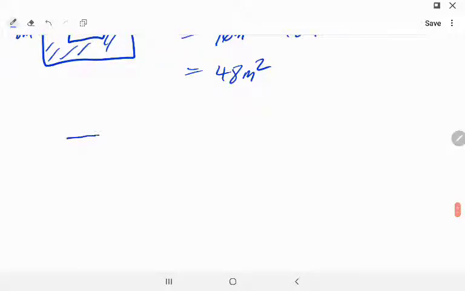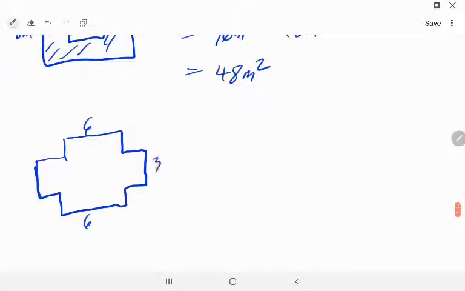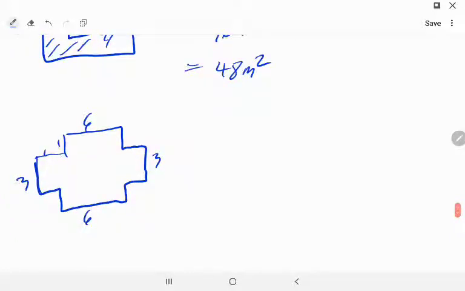Similarly, if we said we had a rectangle with corners cut out, so if we imagine this was maybe 6, 6, 3, 3, and then all of these were 1s, we notice that the perimeter would be a little tricky, but for the area we actually have two ways we could do it.